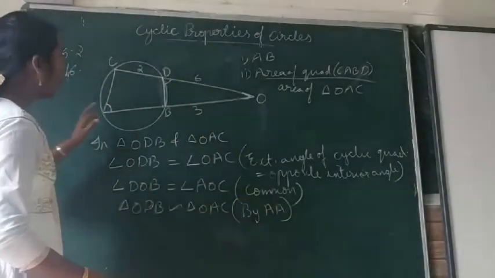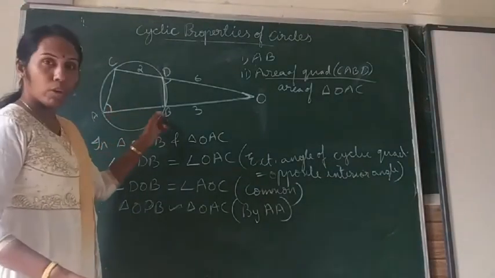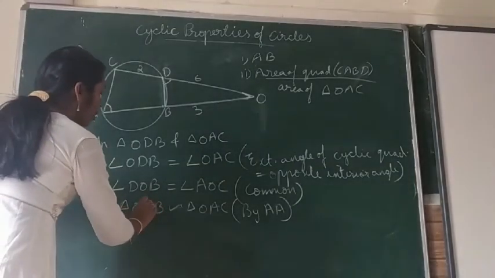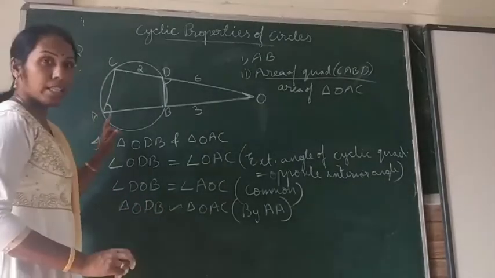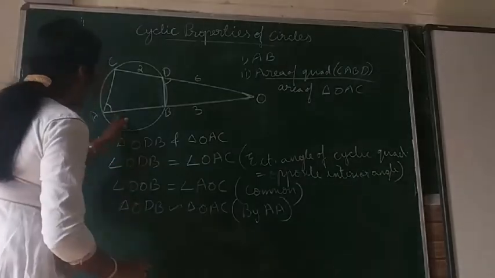Now, we have to find out the value of AB, the length of the chord AB, first of all. By applying the correspondence of the sides in the similar triangles, we can find out the length AB.